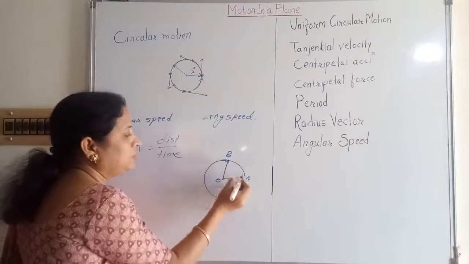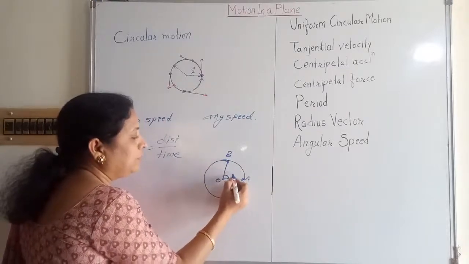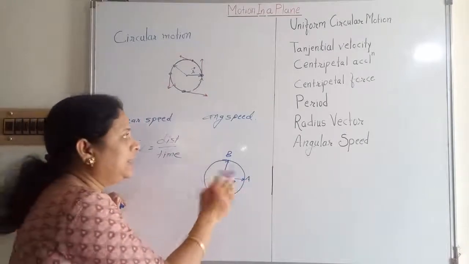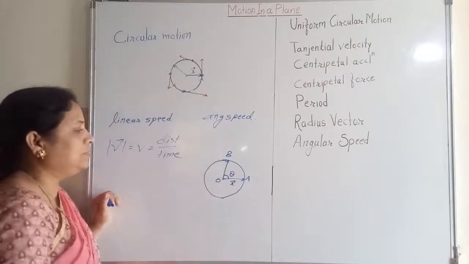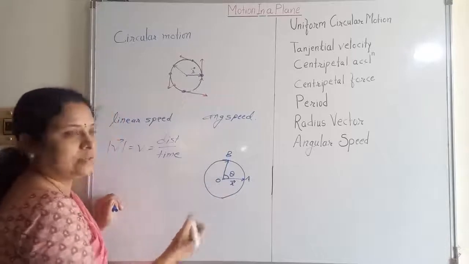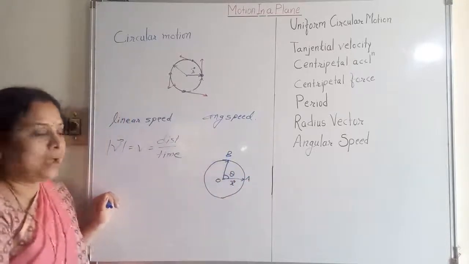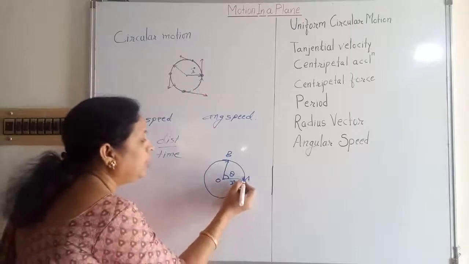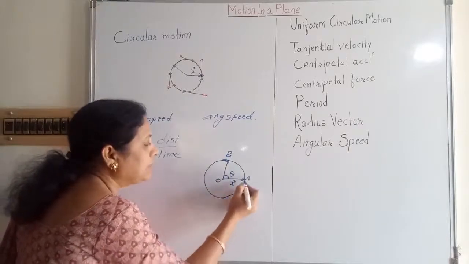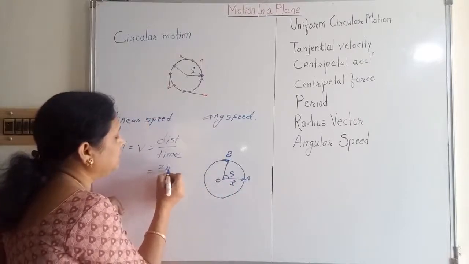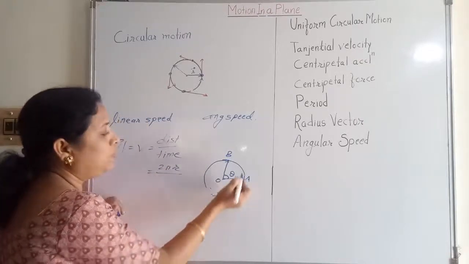When the object moves from A to B, the radius vector turns by the angle theta, that is called the angular displacement. Here r is the radius of this circular path. When the object moves along the circumference and completes one revolution, the distance covered is equal to the circumference, that is 2 pi r.